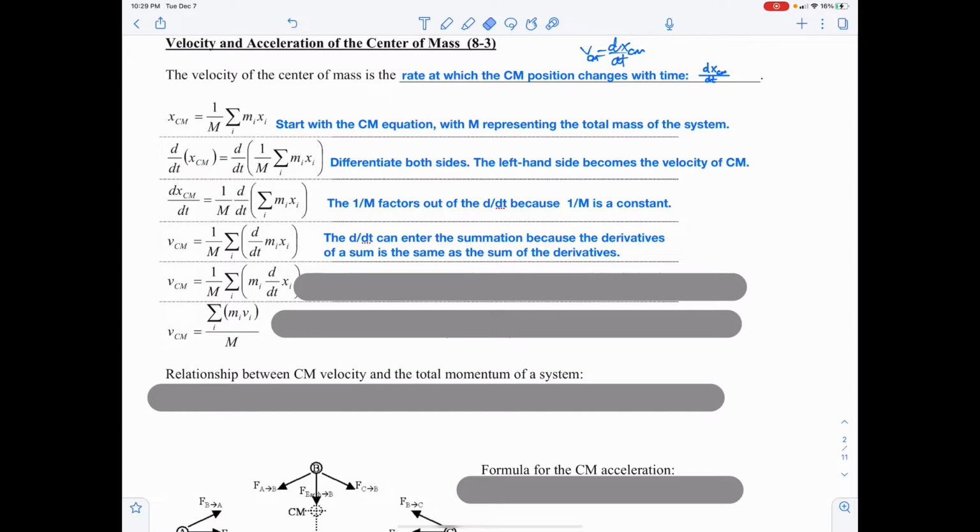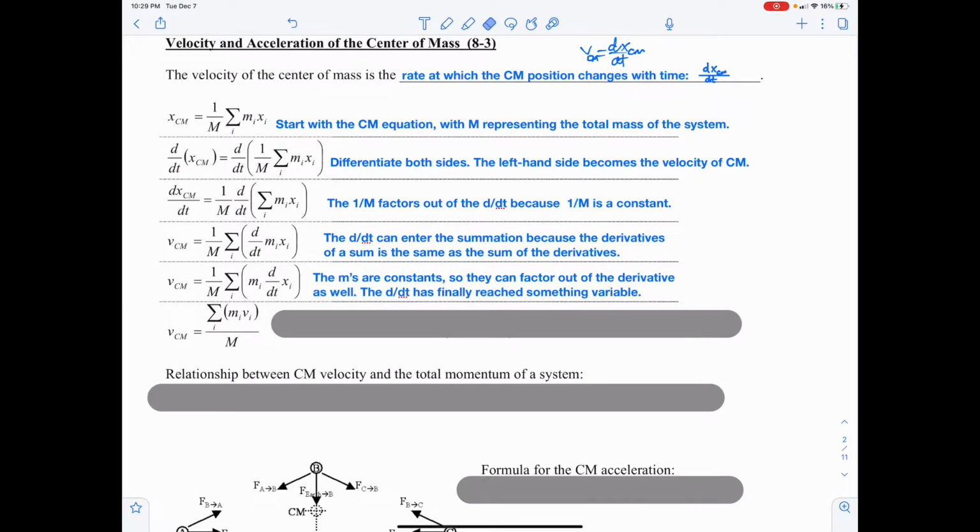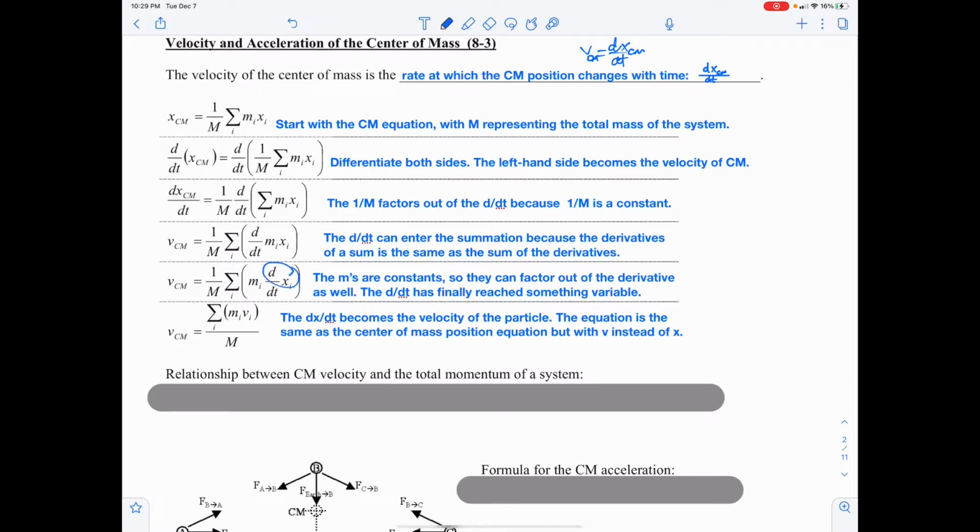So we just pulled that inside the summation symbol. The m's are constant, so they can be factored out of the derivative as well. So we're just pulling the m out. And finally, dx/dt is the same as velocity.